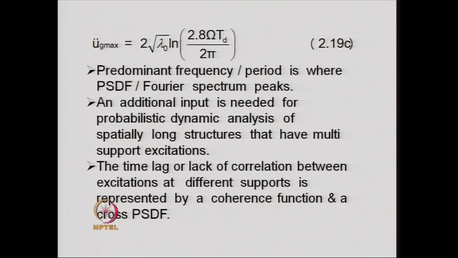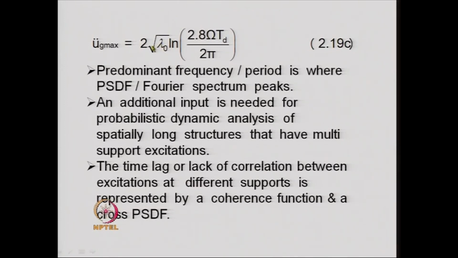From the power spectral density function of the ground motion, one can obtain the peak ground acceleration using the relationship shown here, in equation 2.19c, and this requires the knowledge of the duration of the ground motion, and the capital omega and lambda 0.